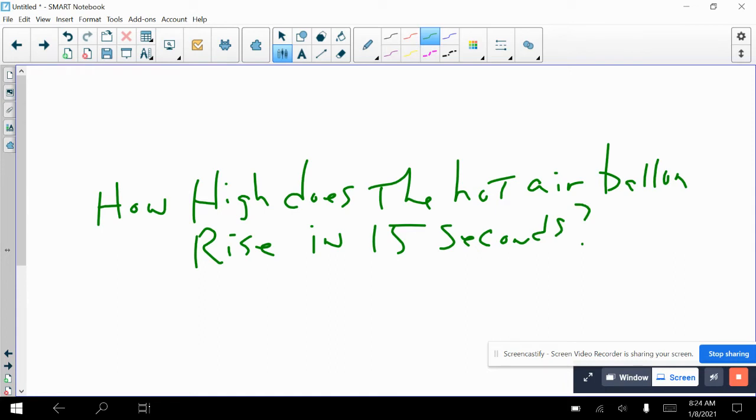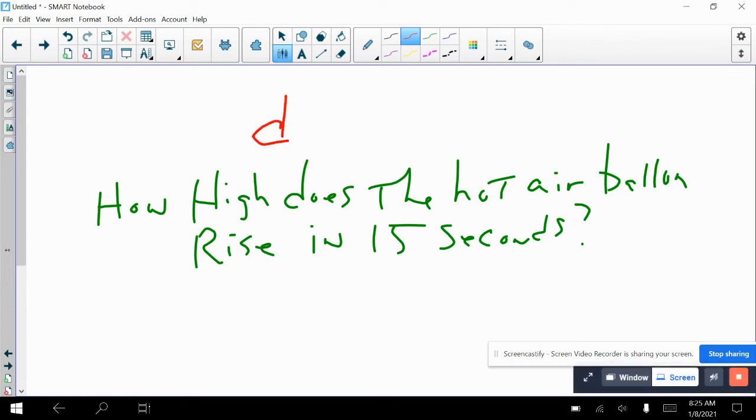All right. Different question. How high does the hot air balloon rise in 15 seconds? Are we still trying to find distance? Yes, we are.